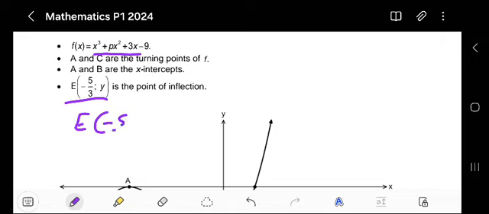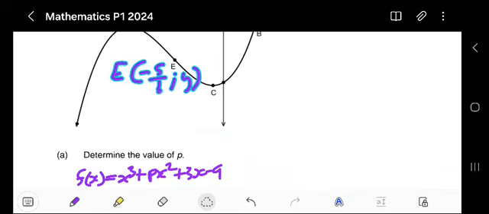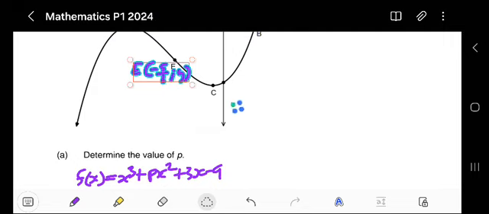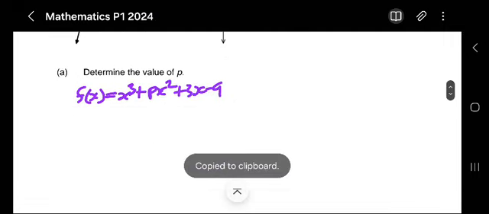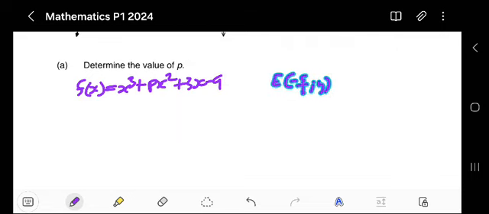We know this point is a point on the graph, so let us take advantage of this point. You understand? So that point E, we'll take advantage of it.